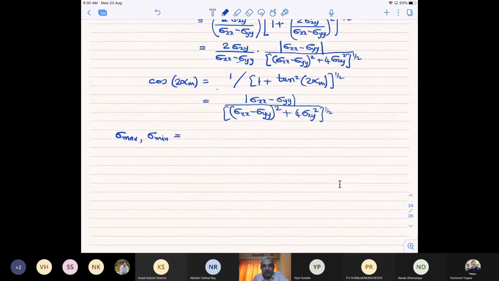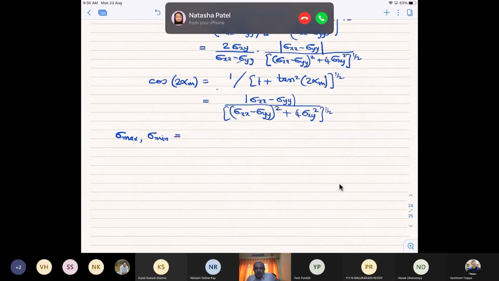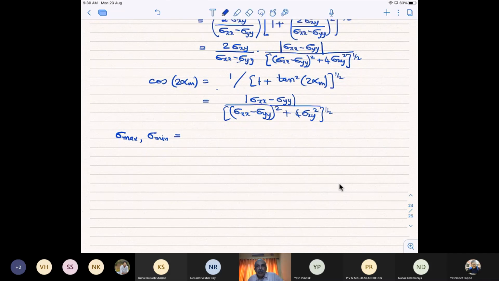And then you will get sigma max minus sigma min is just equal to, I know we are almost at the end, but I'll just write this formula down. I've taken the earlier formula and I'm just substituting for these.